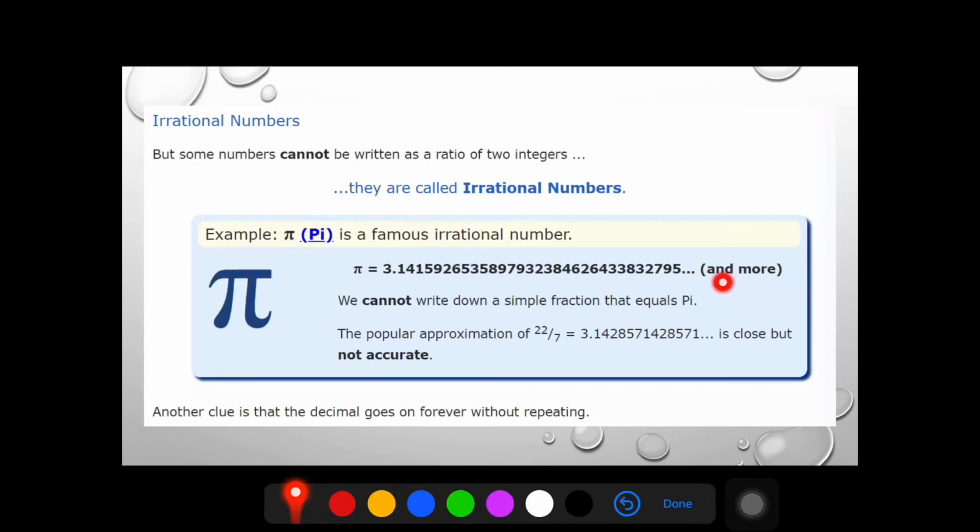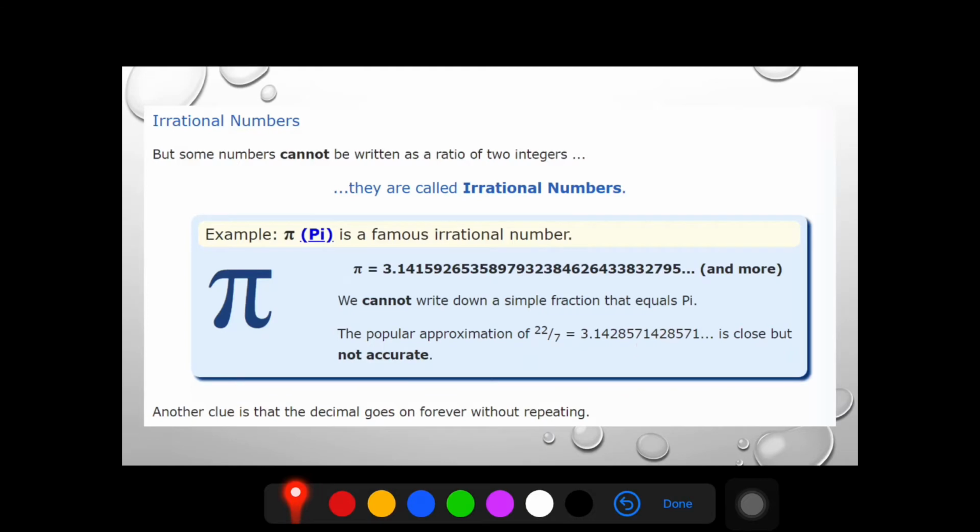And sometimes we can see in the question, they ask us to use pi as 22 over 7. Actually, 22 over 7 is an approximate value of pi. Approximate means near pi. If we press 22 over 7 on the calculator, it will become 3.14285.